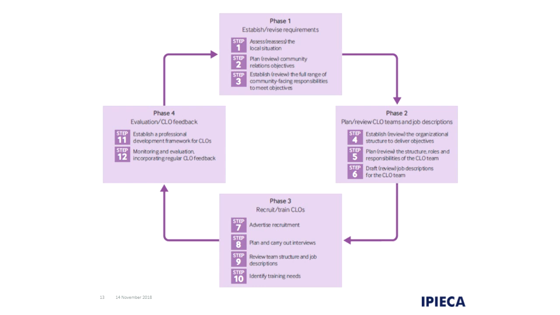It follows that figure, which gives the number of steps that you can follow during the recruitment and also the management of a CLO team. And then it follows round after the first cycle of review and feedback. As we make clear, you don't have to keep following this around in the same order, but it does emphasize that it's an iterative process and it encourages as much feedback as possible from the CLOs and from the community, and a constant reassessment and reevaluation of the local context and the four drivers that are affecting the role of the CLO.